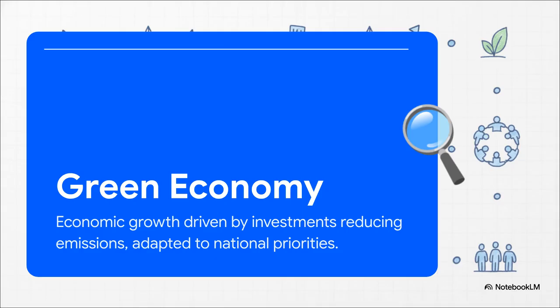Basically, it's a sustainable economic system driven by investments that reduce carbon emissions and prevent biodiversity loss. But the catch is, it must adapt to national circumstances. Take India, for example. They view the green economy explicitly through the lens of inclusive economic growth and poverty eradication. It's fundamentally about targeting the deeply rooted systemic causes of unsustainable development.